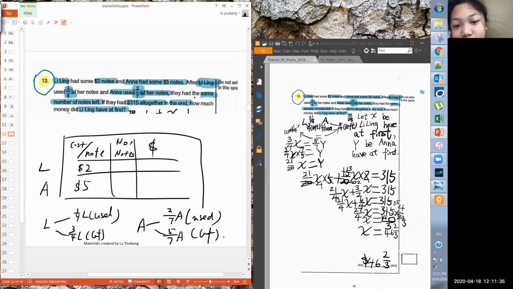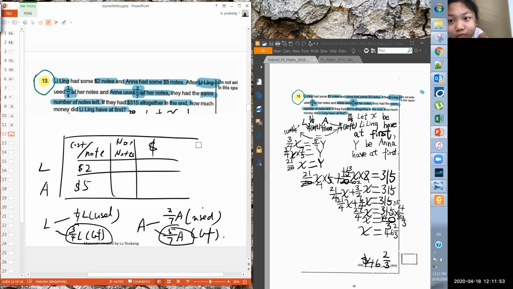And then what I say is they had the same number of notes left. So it means this one and this one is equal. Okay. So if this is equal, so what it means? Let me free up some space.